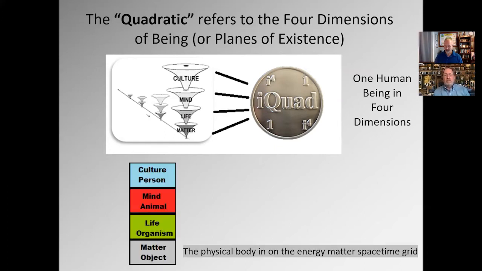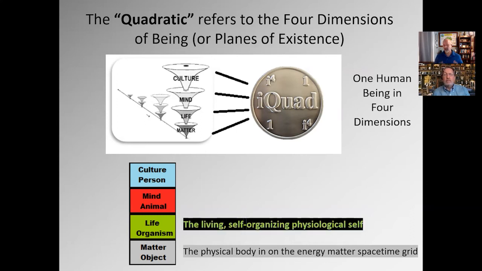So the matter, I'm a physical body on the energy matter space-time grid. My butt's pressing in against this chair at a particular amount of weight, given the gravity. I'm giving off heat in a particular way. I'm absorbing certain things. My genetic cellular organismic structure is metabolizing energy at a particular level. I'm able to move procedurally, and I have felt experiences of being in the world.